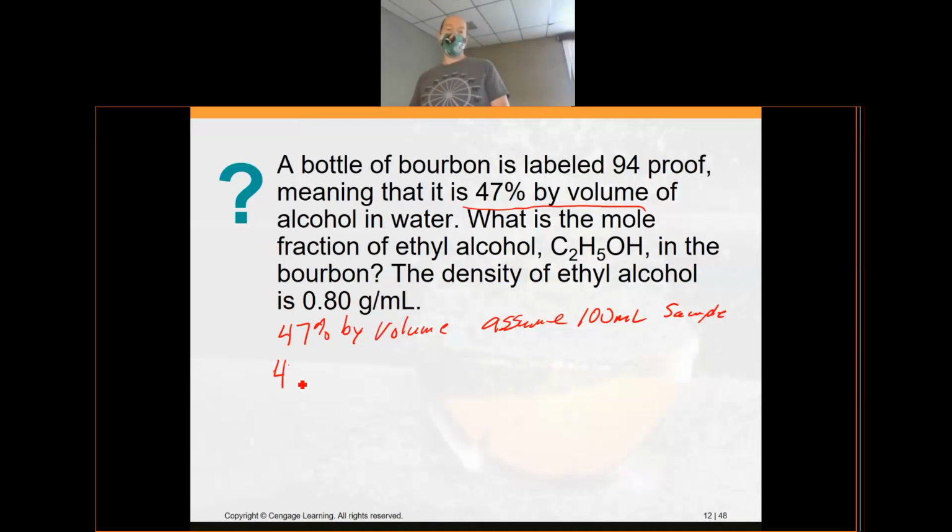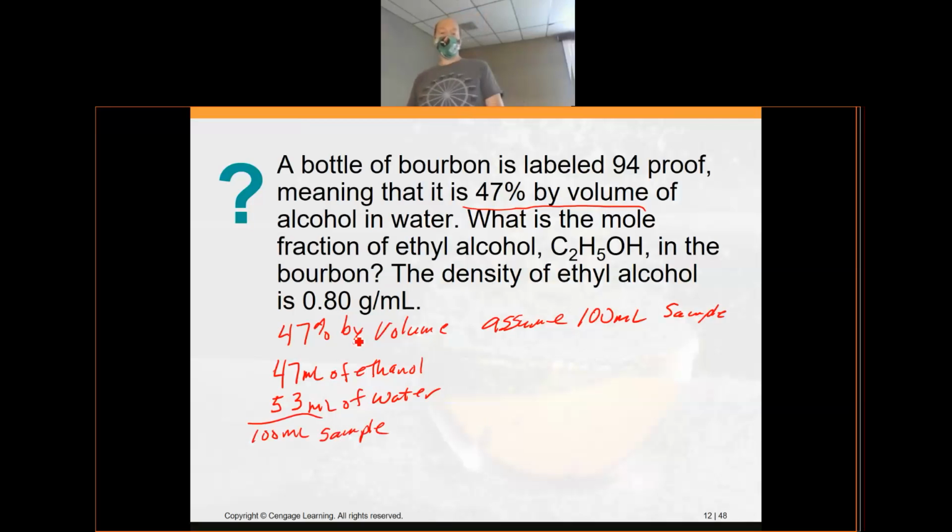So that means you have 47 milliliters of alcohol, and the alcohol is ethyl alcohol or ethanol, and then the other 53 milliliters is water. All right, and so you have a 47% by volume of alcohol in water. So you have 47 mils of ethanol, 53 mils of water. That is your 100 mil sample.